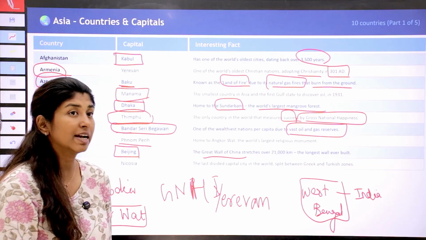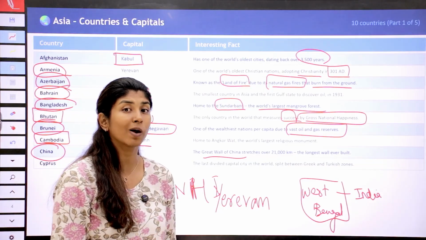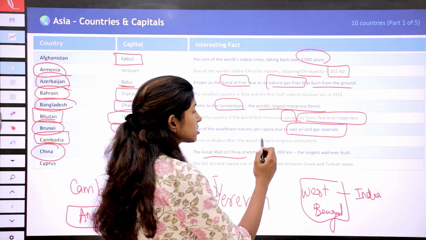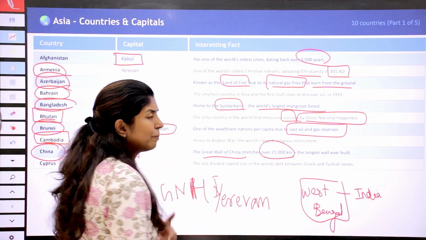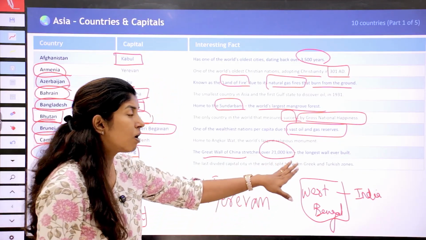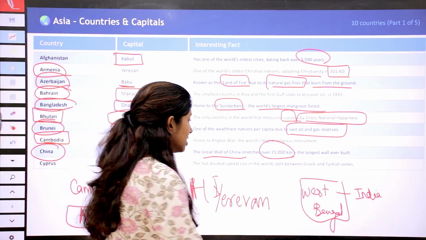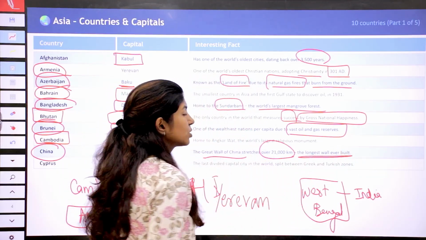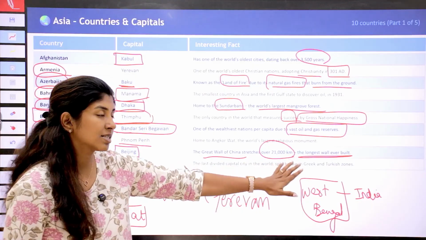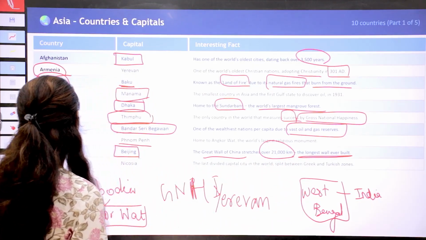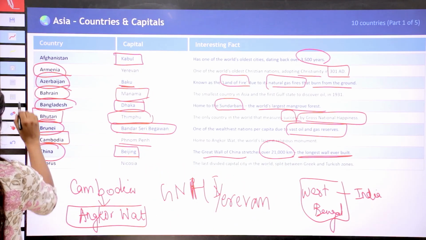You would have heard about it. It stretches around 21,000 kilometers, and although it was built long ago, it is still the longest wall ever built. Next, we have Cyprus.